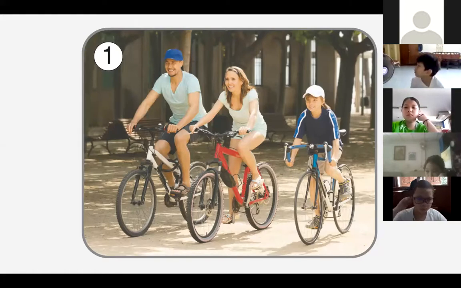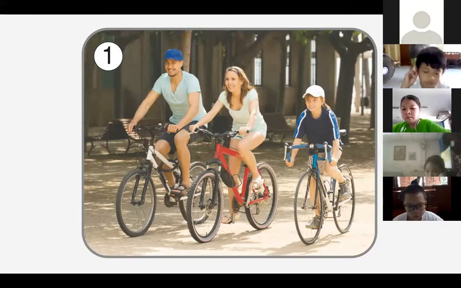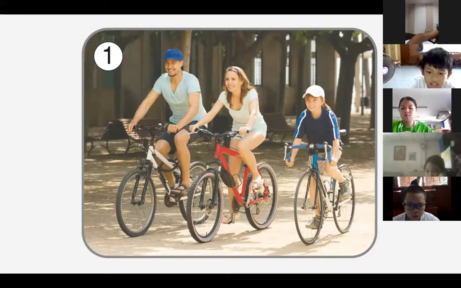They're pulling the bicycle, they move to the left, right? The friction force is going to the right. So the wheel of the bicycle on the ground, that is the friction force. It enables them to move and at the same time enables them to stop moving. Next picture.